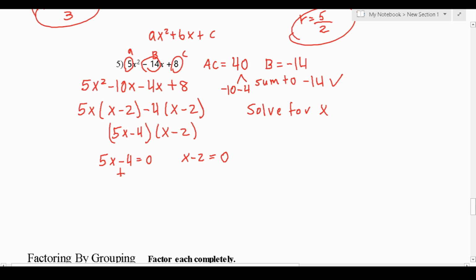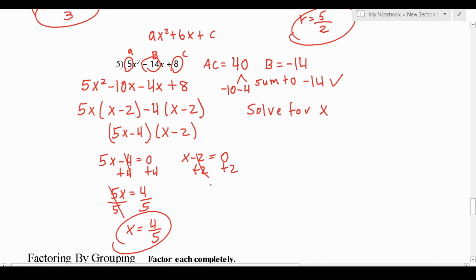For this one, we're going to add 4 to both sides, which is going to cross out here, leaving you with 5x equals 4. Then we're going to divide both sides by 5, and that's going to cross out, leaving you with x equals 4 over 5 as one solution. And then for this one, we're going to add 2 to both sides.